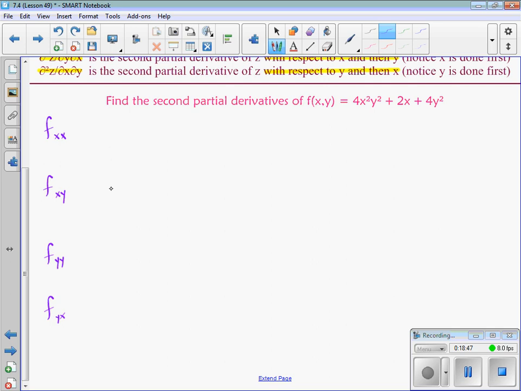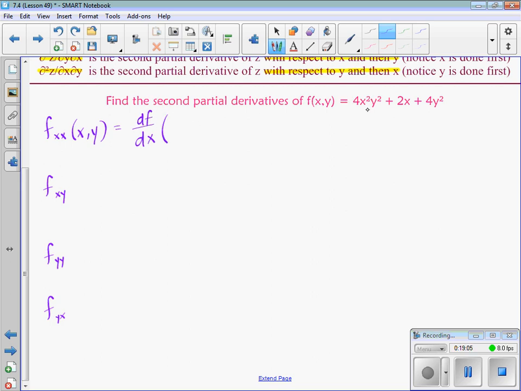So let's just start with the top one here. If I take the first derivative with respect to x, I still am going to need to take another derivative. So I'm just going to write that I need to take another derivative with respect to x, just so my notation's correct.